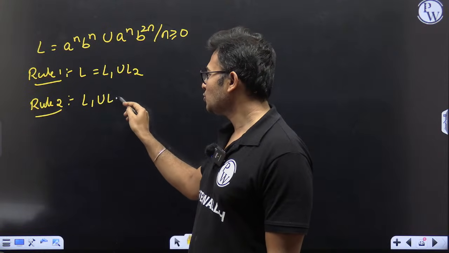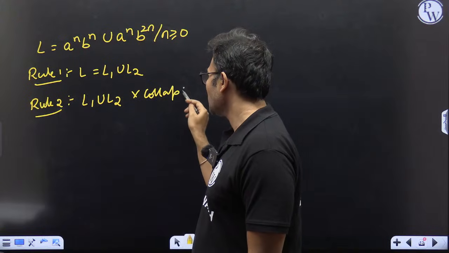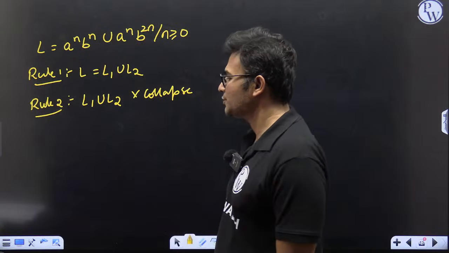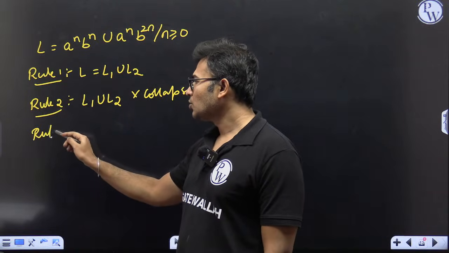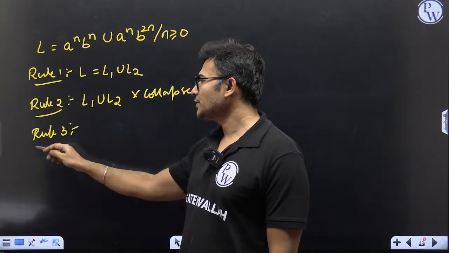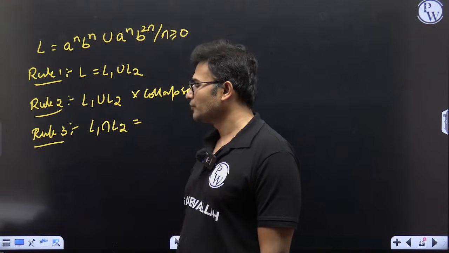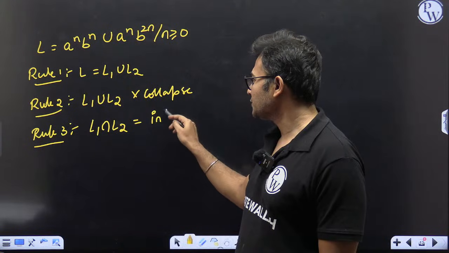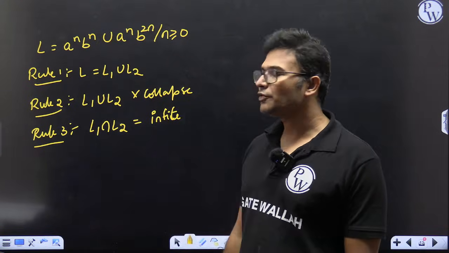L1 union L2 should not collapse. Yes, they don't collapse. You cannot write them as a single language. They are two different languages. And what is rule 3? Rule 3 is L1 intersection L2 should be equal to an infinite number of strings.